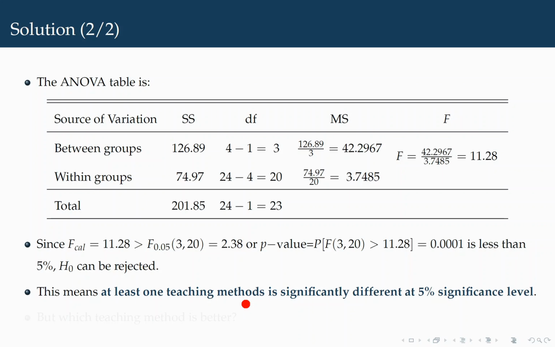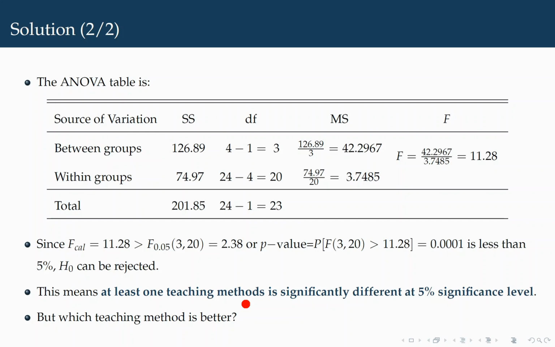So if at least one of the teaching methods is significantly different from the others, the next question is which teaching method is better or which teaching method is bad. From the analysis of variance, we only determine whether all the g group means are significantly different or not.